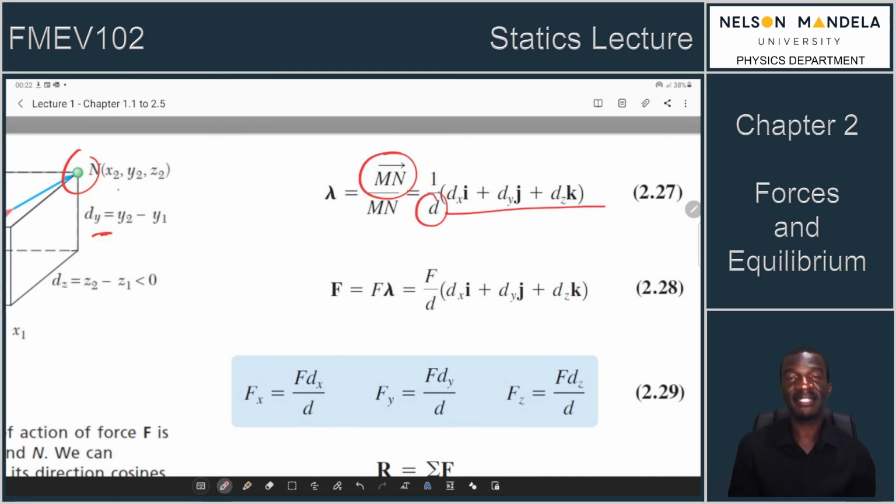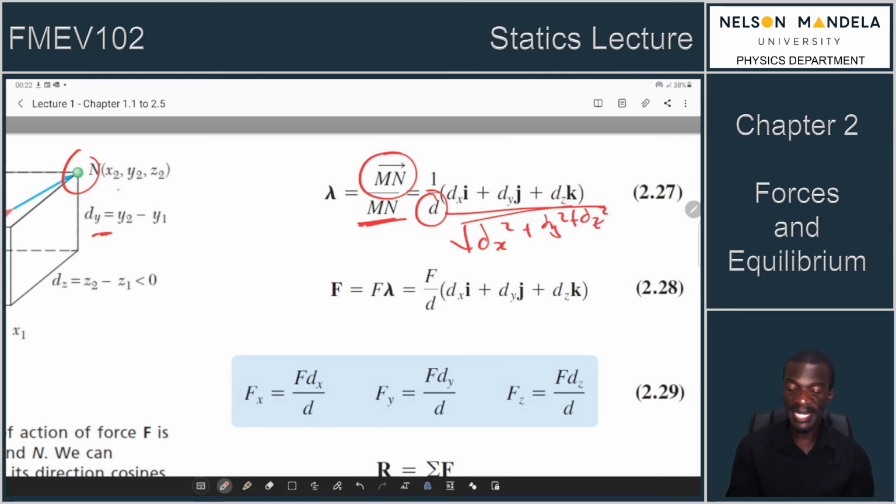Then this d is simply the magnitude of this distance. So basically that is the magnitude of MN, which you can find by just taking the square root of dx squared plus dy squared plus dz squared.